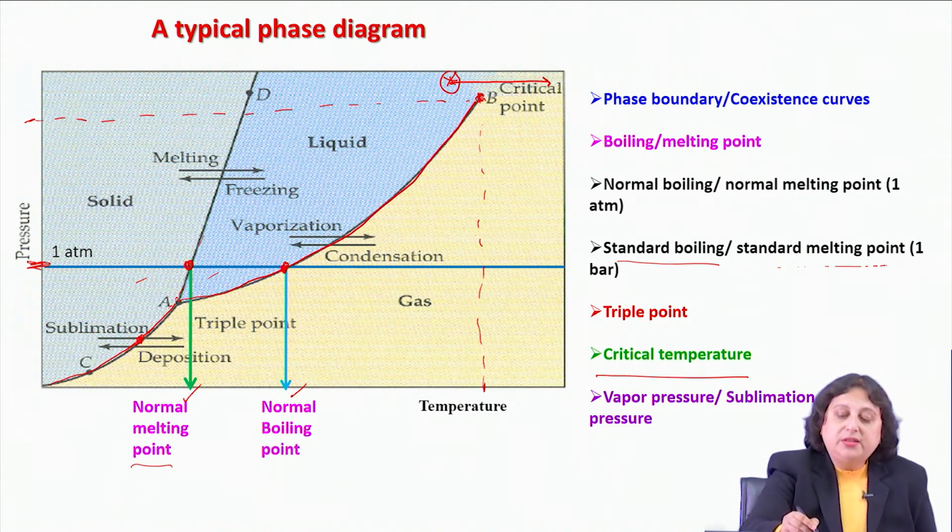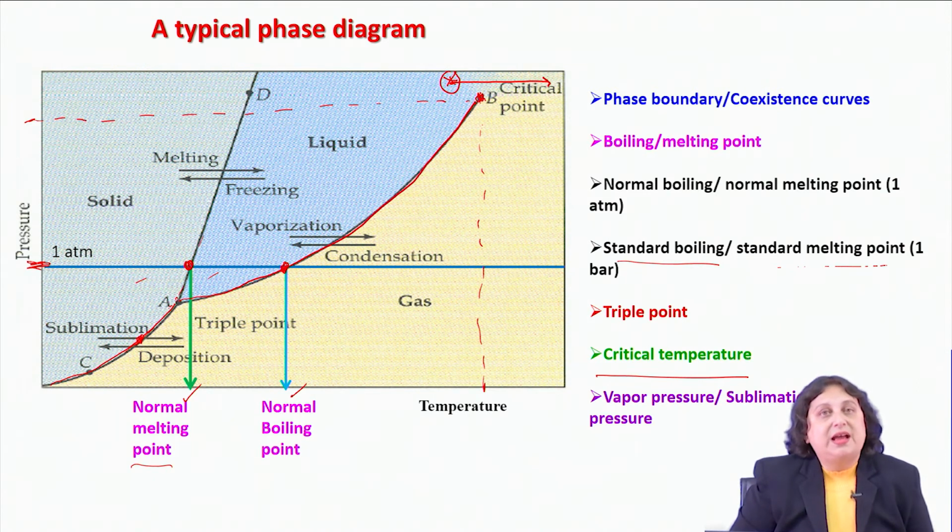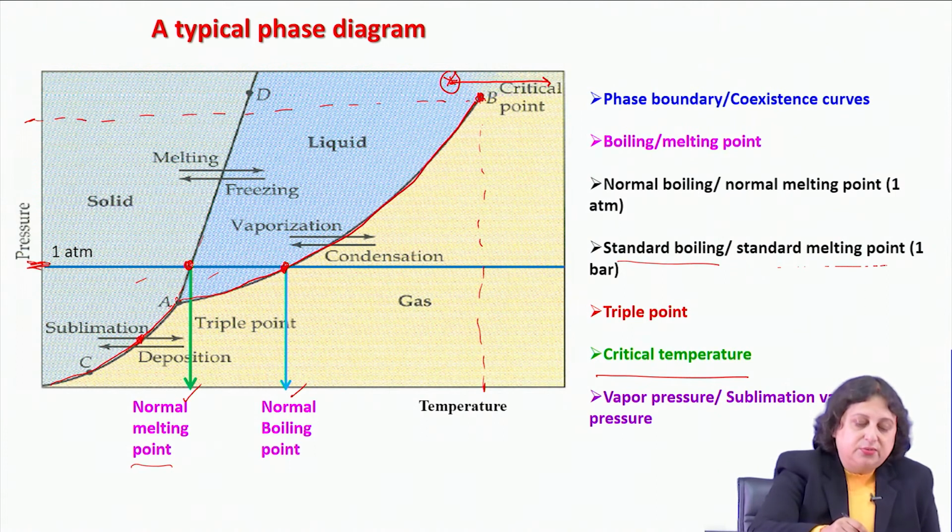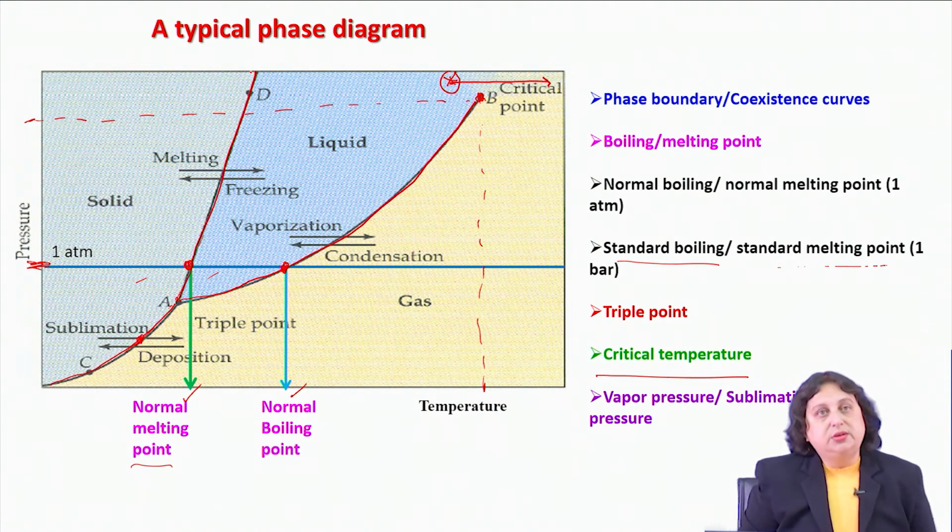Therefore, beyond the critical point, the liquid and the gas phase are similar and they can be continuously transformed between each other. But the same is not true for the solid and the liquid phases, and here the phase boundary or the coexistence line continues indefinitely.